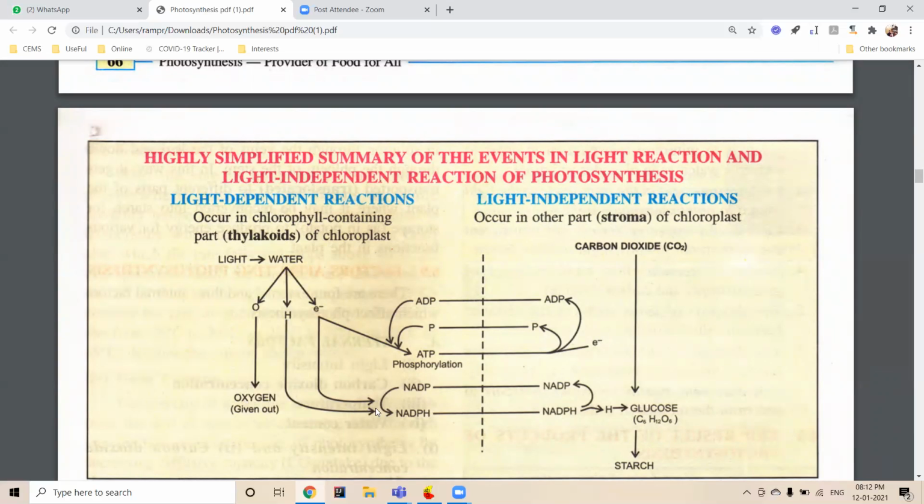Hydrogen is utilized by NADP, converted to NADPH. And the electron released is required for the production of ATP. Here you can see ADP plus phosphate addition. So it is called photophosphorylation, or just phosphorylation.